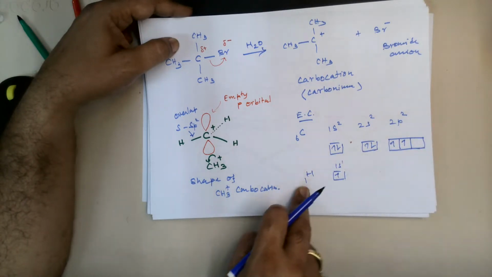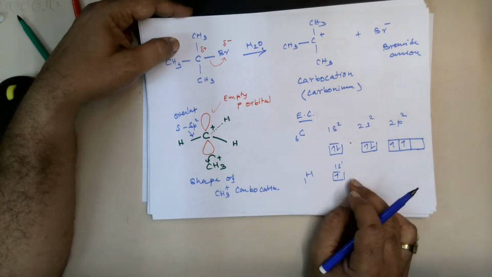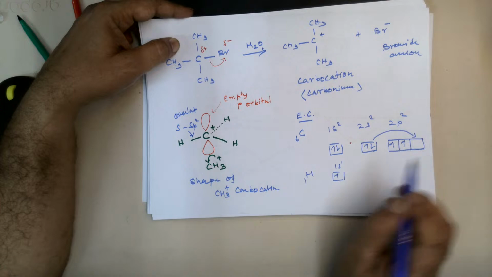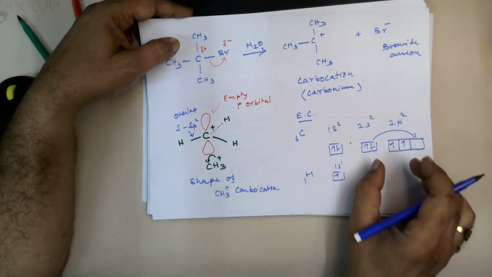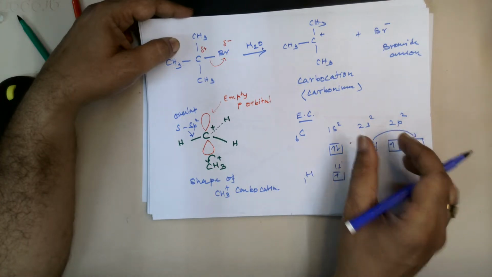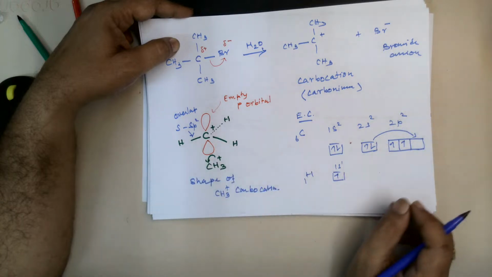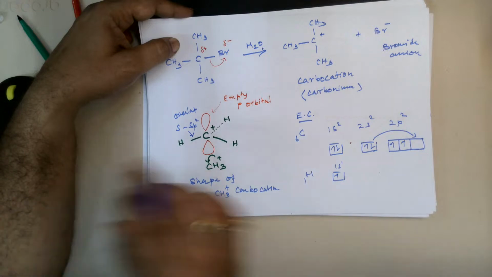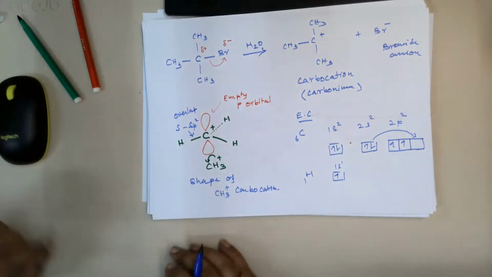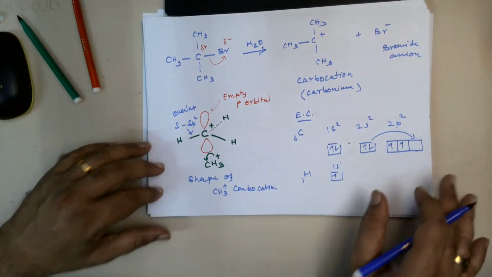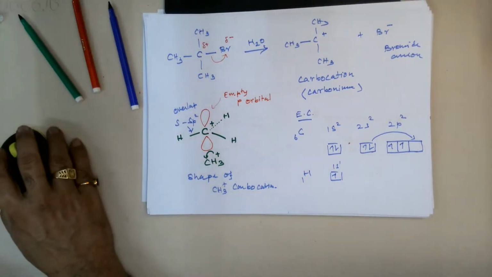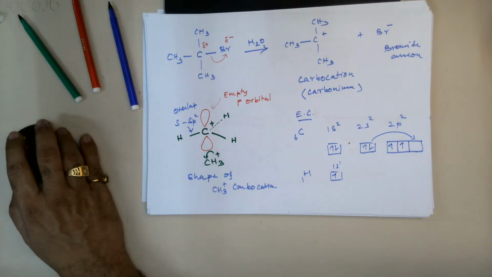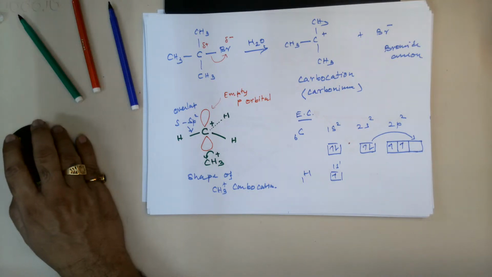But by looking at these hydrogens, they get excited, and probably this hydrogen may jump over to this place. This can combine with the three hydrogen atoms, and there is one more hydrogen atom left over, and that is why you get the plus charge here, and that indicates the empty p orbital. So this is the shape of the carbonium cation, and this is also called the carbocation.